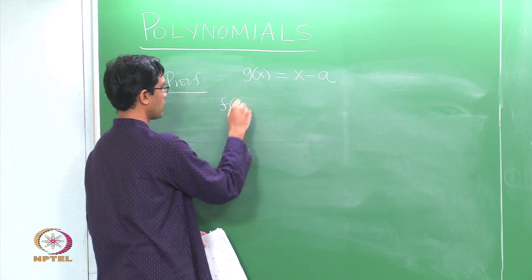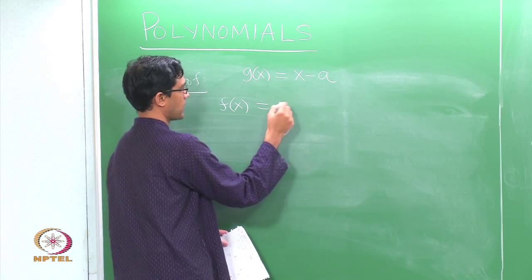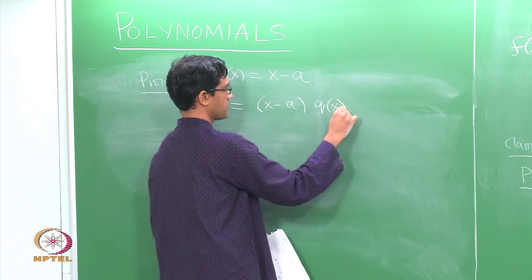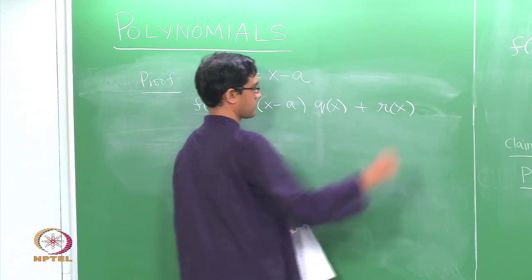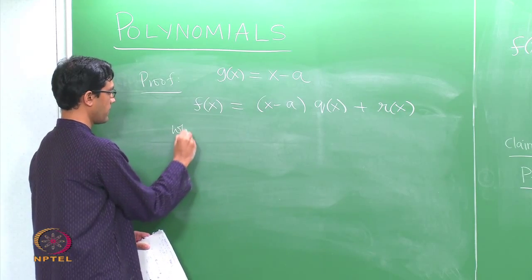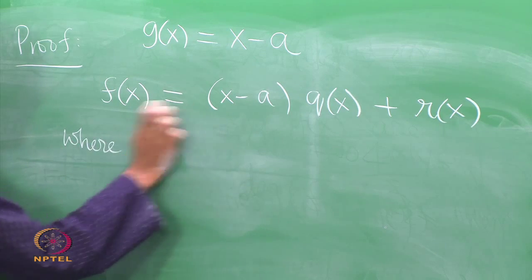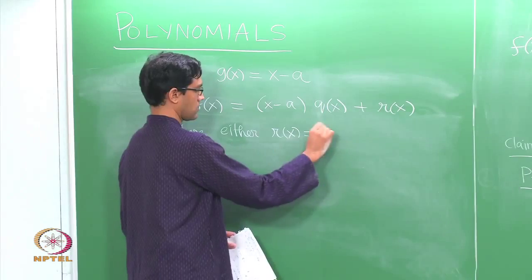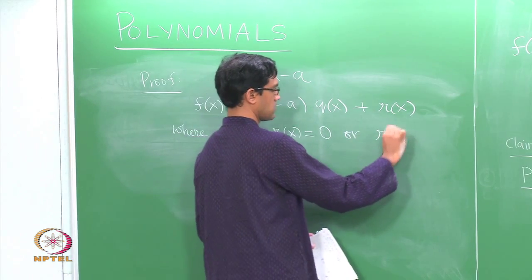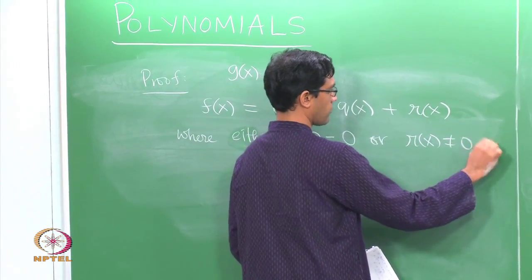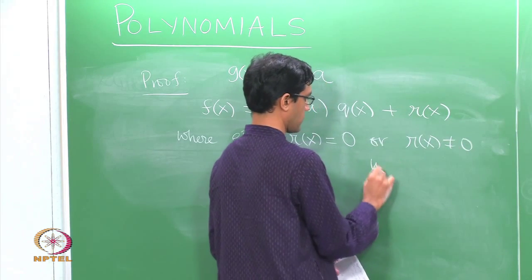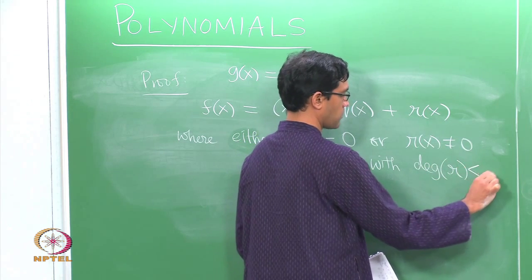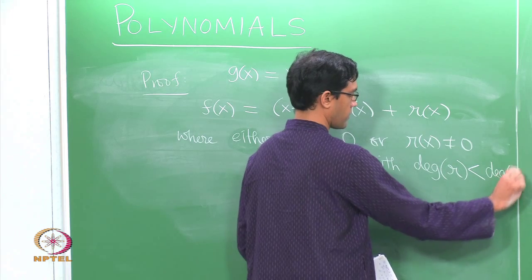It says when you divide f by g, f of x can be written as g of x, which is x minus a, times a quotient plus a remainder, where the remainder has the following property: either the remainder is 0, or it is non-zero and has degree strictly smaller than the degree of the polynomial g.